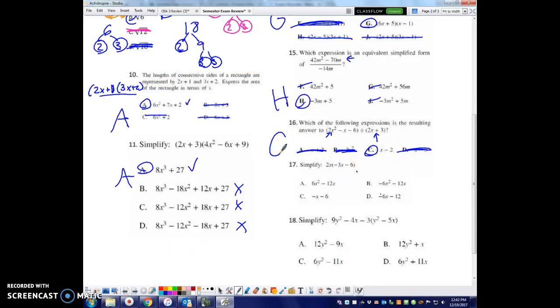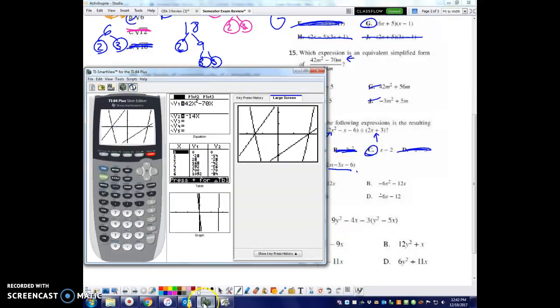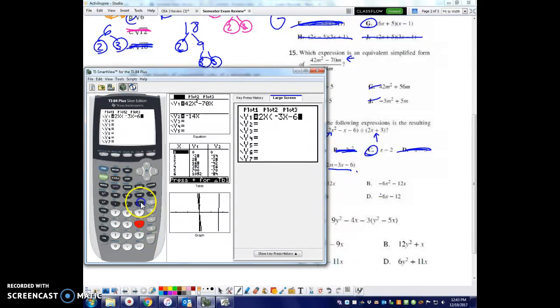Okay, 17 is the same. Simplify this. So we'll type that in and type in our answer choices. So we type in the first one, which is 2x, parentheses, negative 3x minus 6.